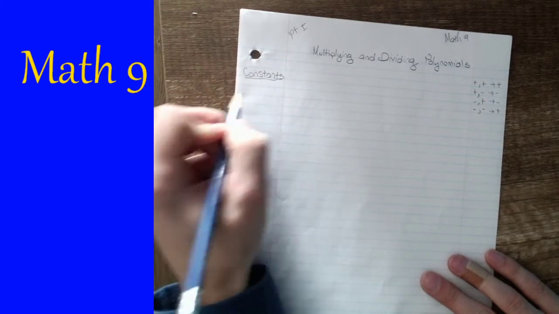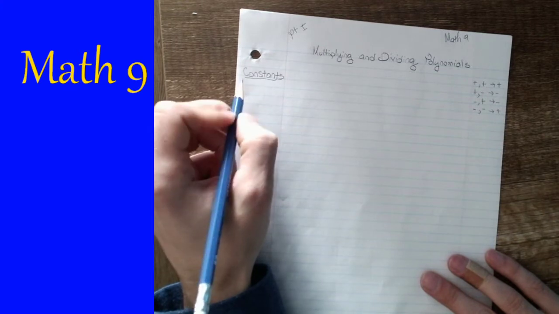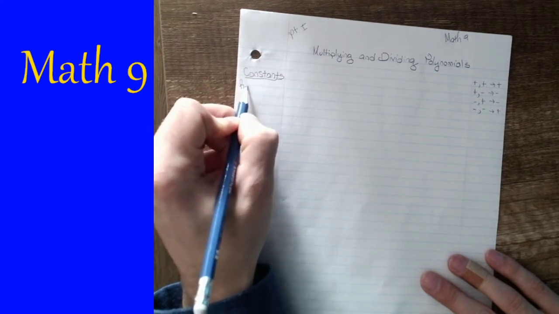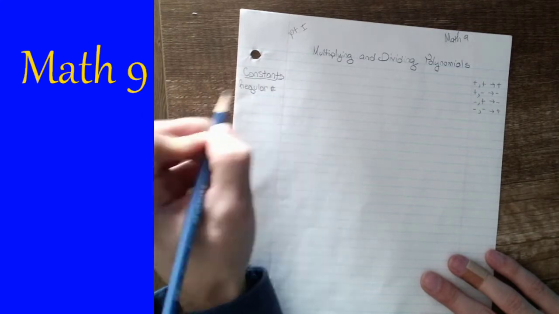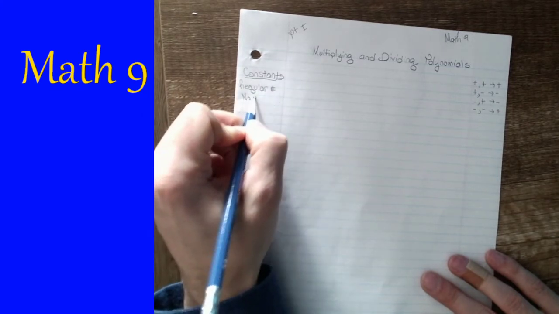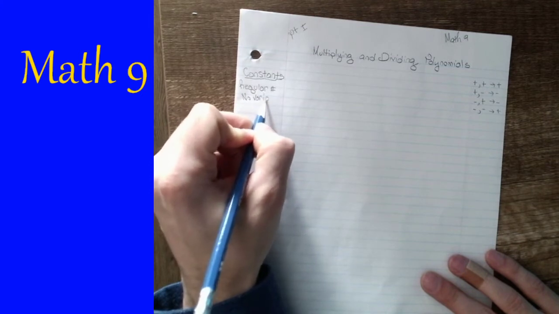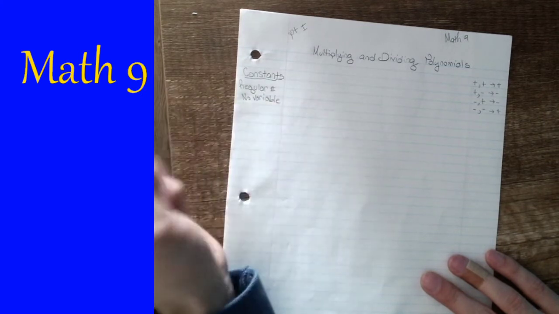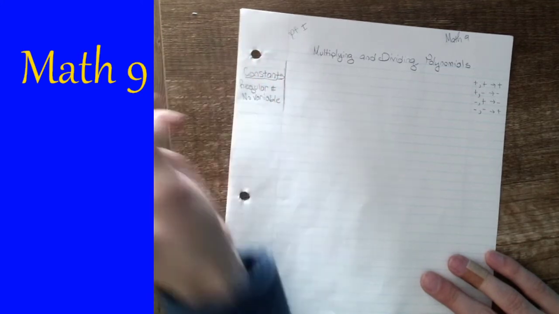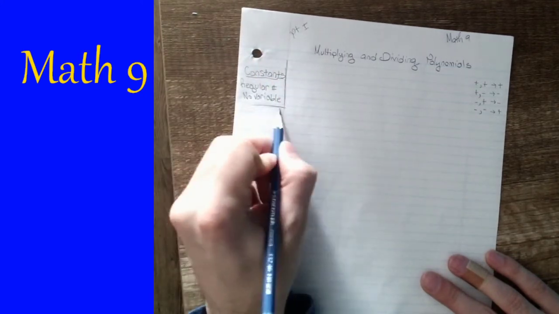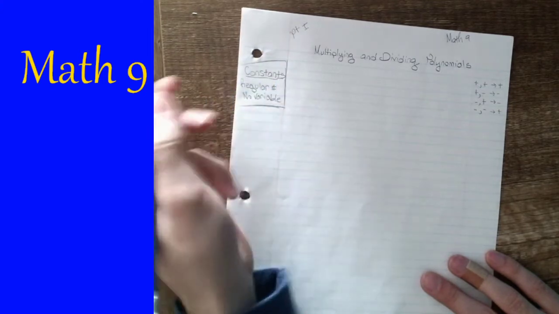Regular number, no variables involved. We like foreshadowing, I suppose. So that's what we're going to be multiplying and dividing by today.